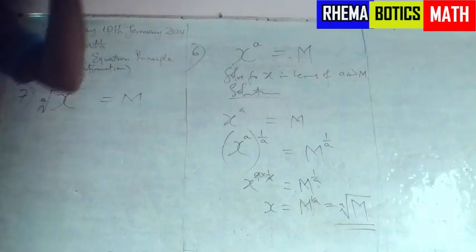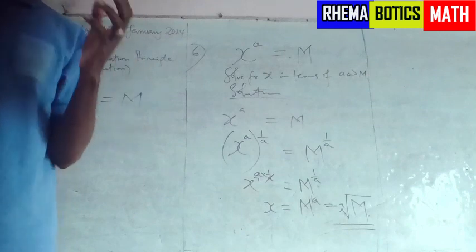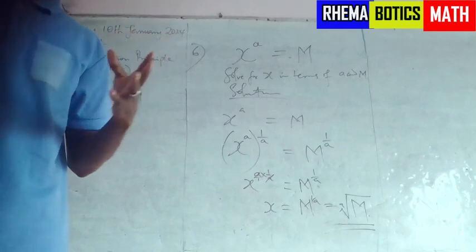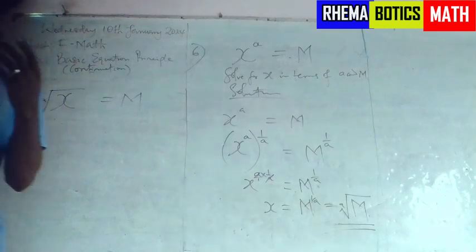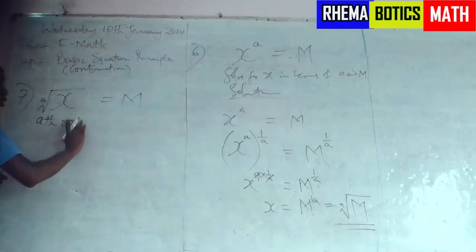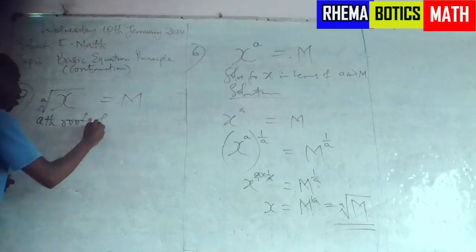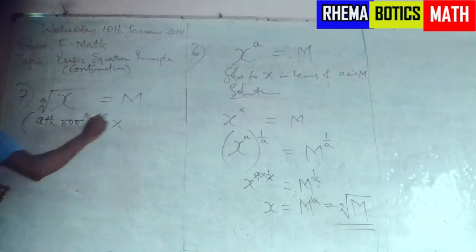Now if it's A, listen, or any letter, who can tell me what you call it? If it's B. No, not just B. Yes, you put the edge. So it's called A root of X. That's what it's called.